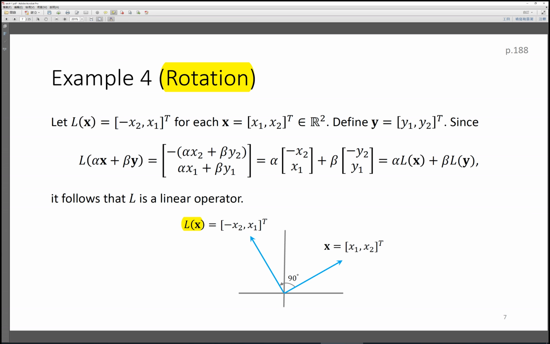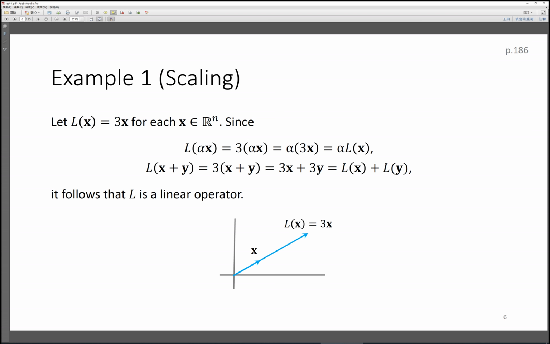We can also go back to example 1, the scaling operation. Recall that the scaling operation is also a linear transformation. Therefore, it satisfies L of 0 equals the 0 vector. And we can see from the figure that L of x indeed passes through the origin.